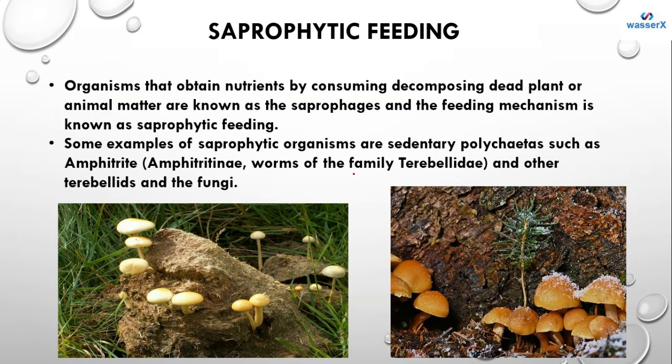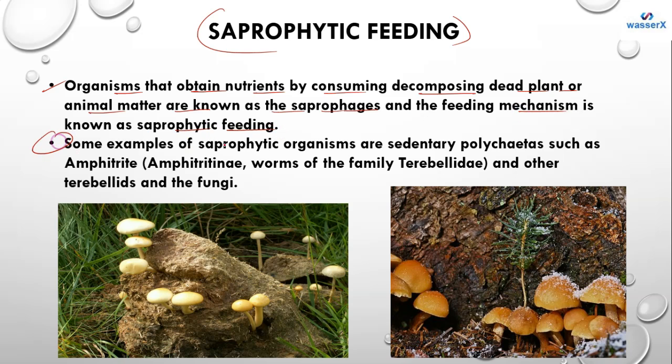Here we have saprophytic feeding. These are organisms that obtain nutrients by consuming decomposing dead plant or animal matter, and are known as saprophages. The feeding mechanism is known as saprophytic feeding.